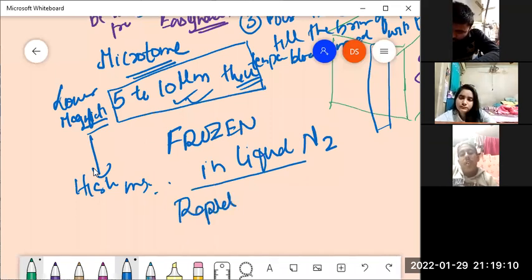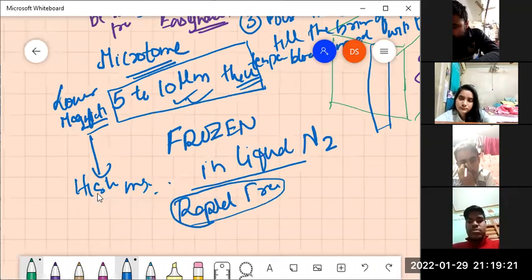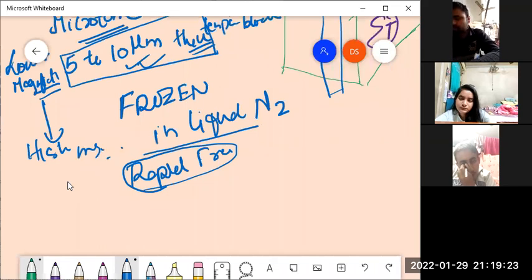If the rapid freezing technique is followed, then we use another method of sectioning, and the tool is known as the cryostat.